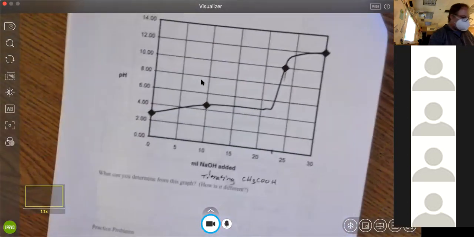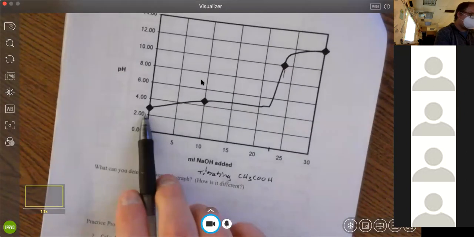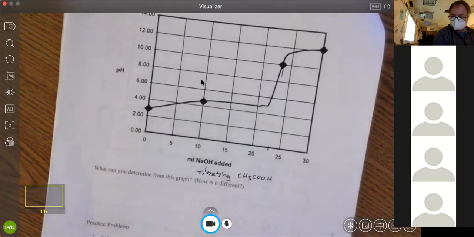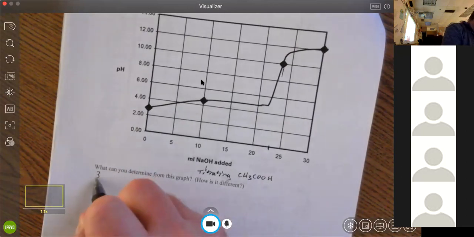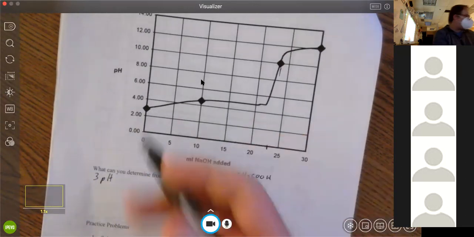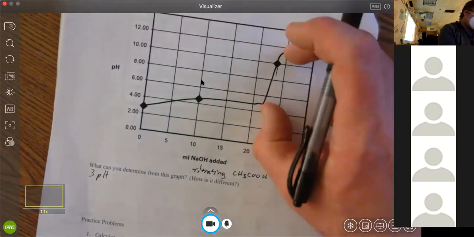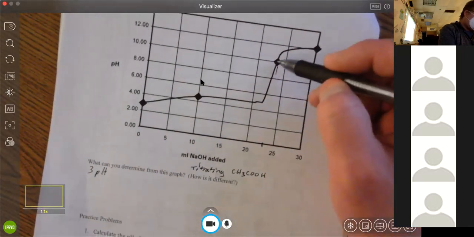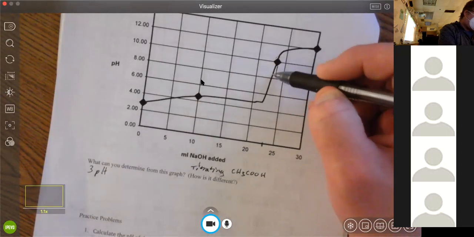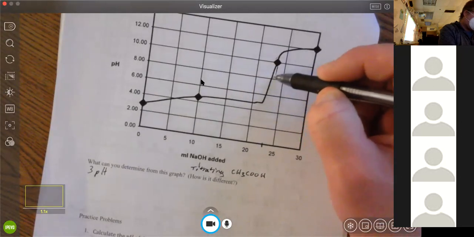What else? Well, what's the pH to start with? Yeah, 3 from the graph. What's the equivalence point? We take a look here, it's going to be halfway up this slope.